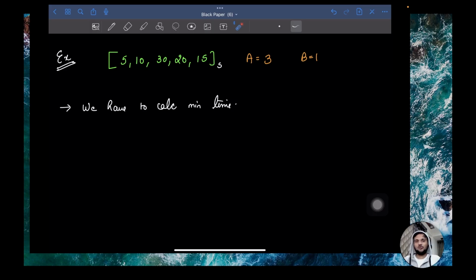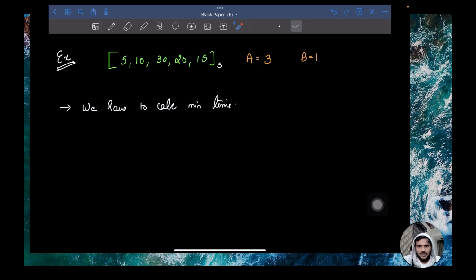Whenever you have to calculate something around minimum or maximum, then generally some approach around binary search or brute force helps. It's not a counting problem, right? It's a minimum calculation or a maximum calculation kind of problem. So generally we can at least think in the direction of binary search: can I apply binary search here?